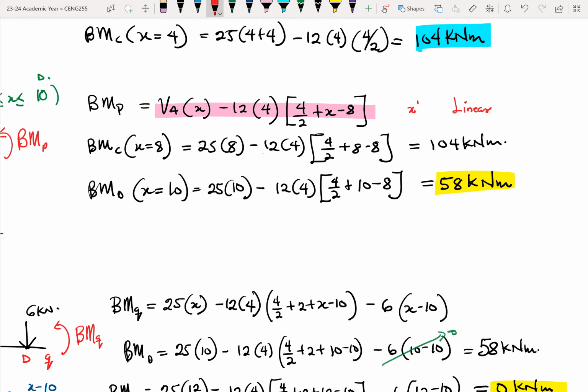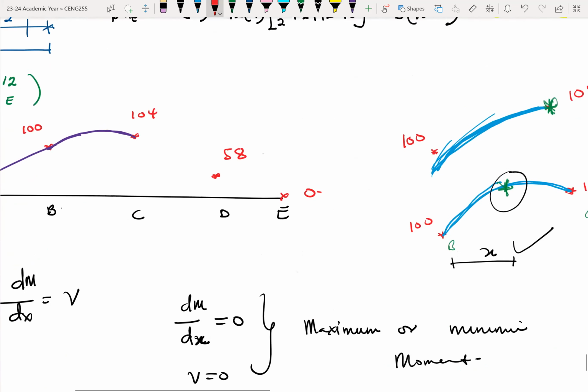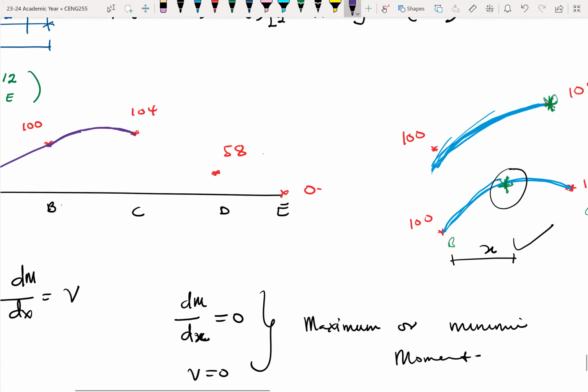So once the equation is linear, it means that between C and D, we should have a straight line. So please, if it doesn't look like a straight line, this is a straight line, and then this is a curve. Let's take note. So here's a curve. This is a line. This is also a line.